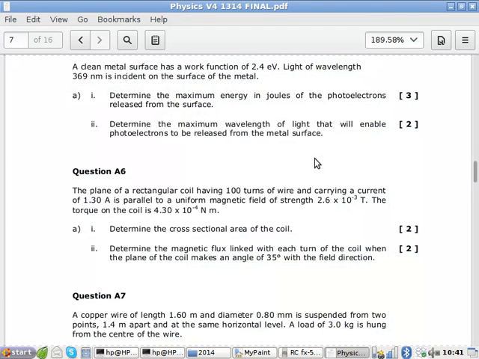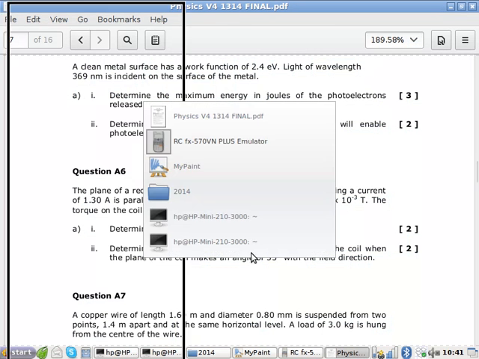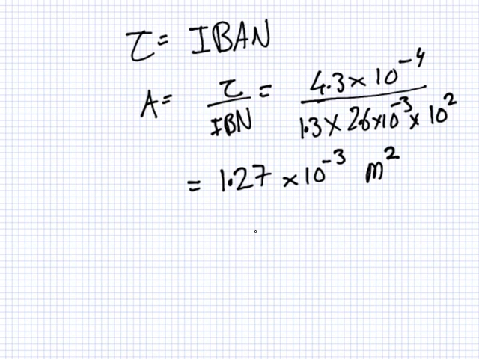You want the magnetic flux, and you have the area and the B. You want the magnetic flux linkage, the total magnetic flux, yeah. The total magnetic. Yes.